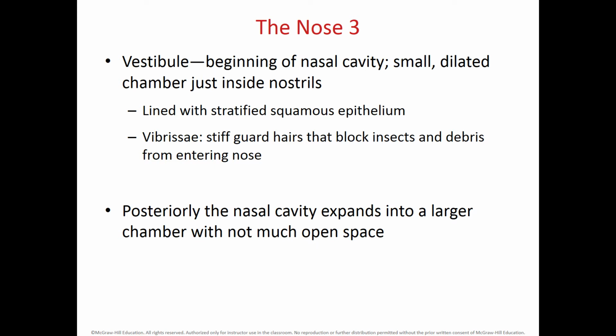The starting point of the internal portion of the nose is called the vestibule, the internal area. Within the vestibule, we have stratified squamous epithelium that is filled with these vibrissae, which are little hairs that help to block the entry into our nose by insects and other debris.